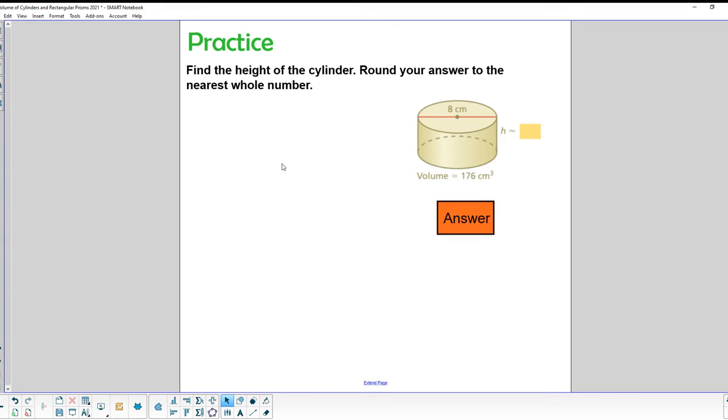Okay? So in this one, they want to know the height as well. So looking for the height of that cylinder, round your answer to the nearest whole number. So we know the volume. The volume is 176, and that equals 3.14 times the radius squared, so 4 squared, times the height of the cylinder.